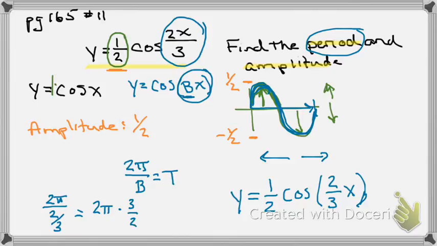But then I'm multiplying a number and a fraction, and that looks problematic. But 2 pi is really 2 pi over 1, so now they have a similar structure. Then we realize that it's 6 pi over 2, which is 3 pi. So that's my period.